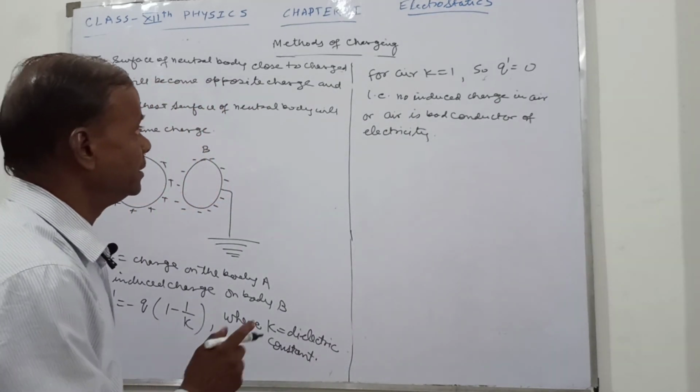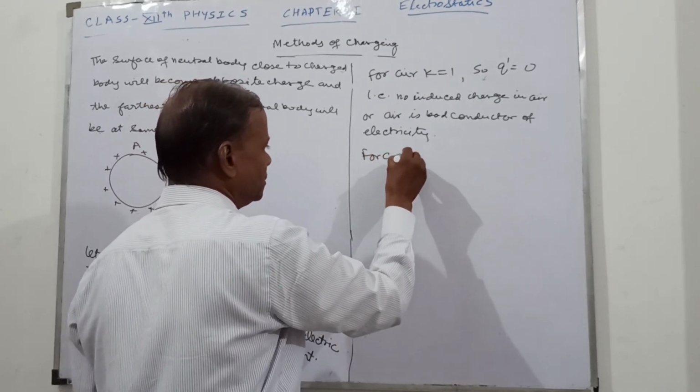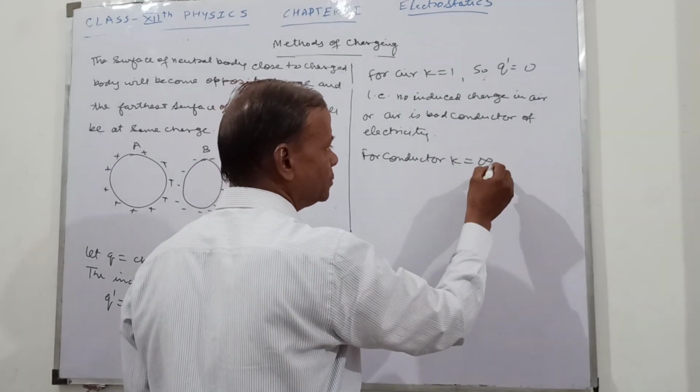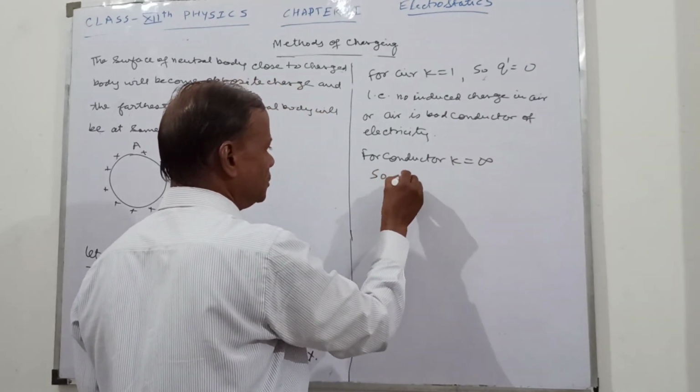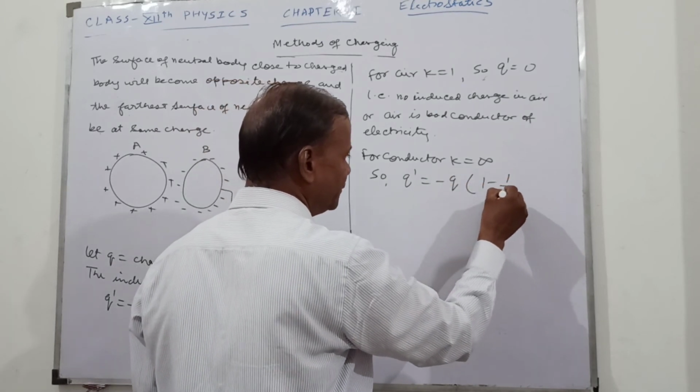And you know that for a conductor K equal to infinity. So this Q dash equal to minus Q into 1 minus 1 upon infinity.